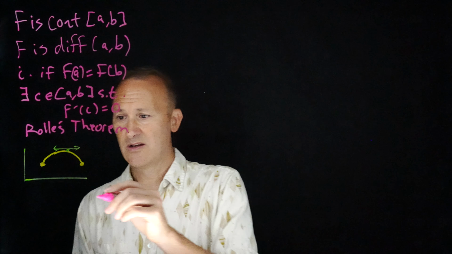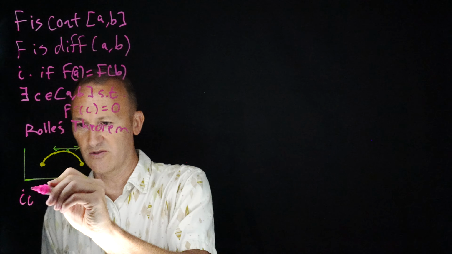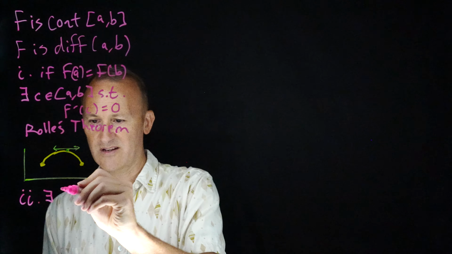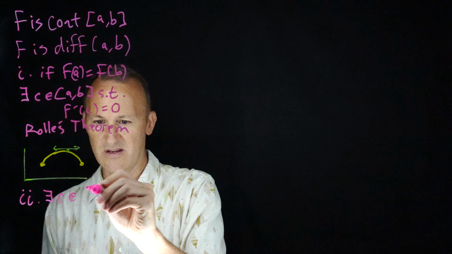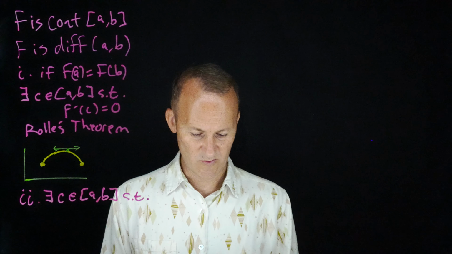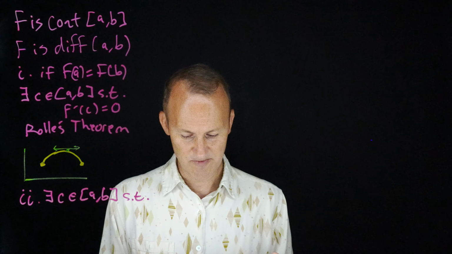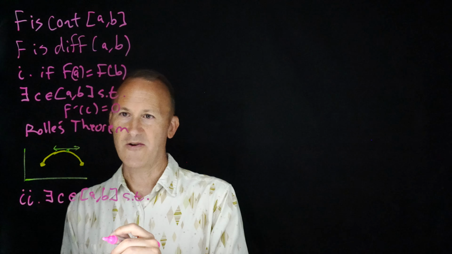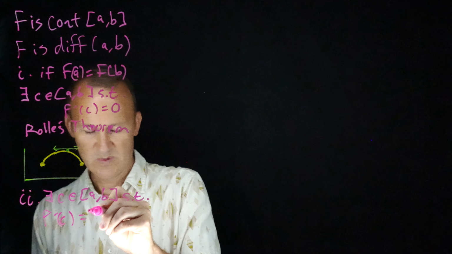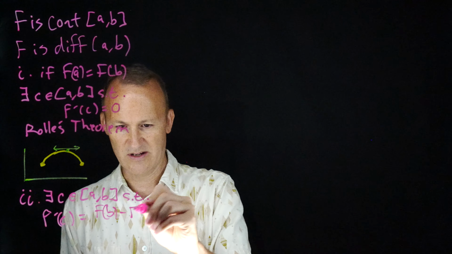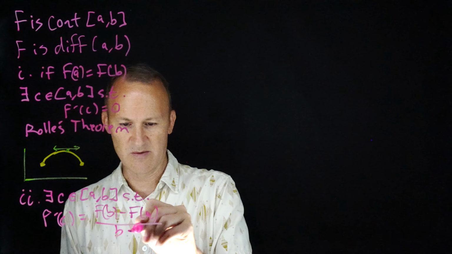It's not actually Rolle's theorem, but if we change number 1 to number 2, simply put, there exists a c in (a, b), and these should actually be open, not closed, such that f'(c) equals f(b) minus f(a) all over b minus a.